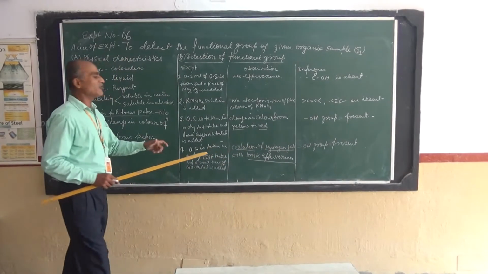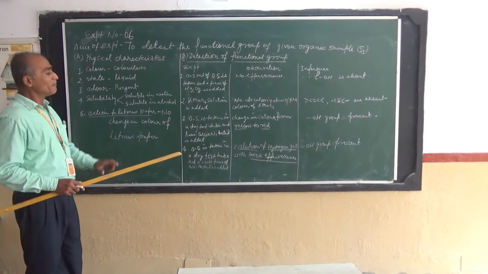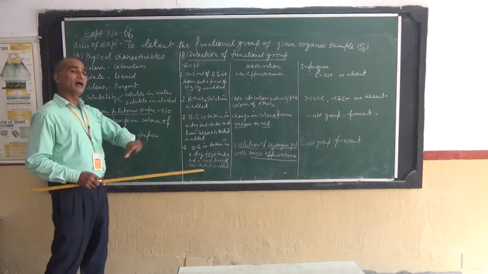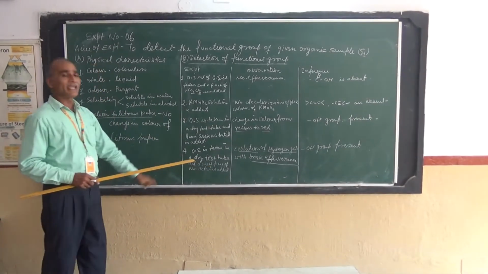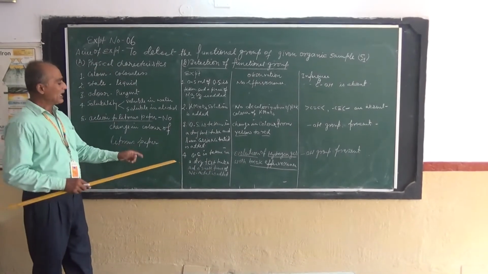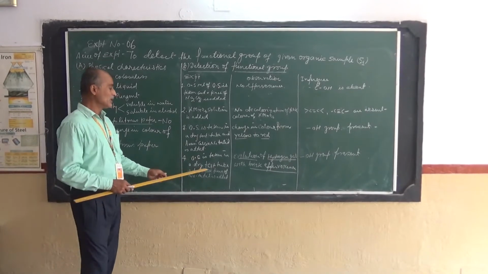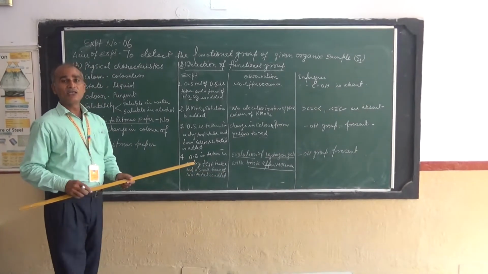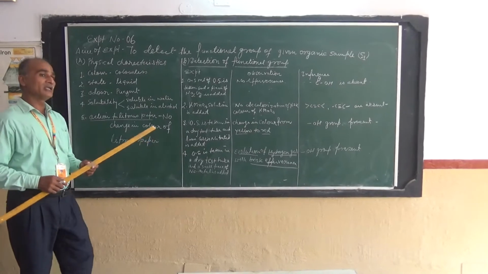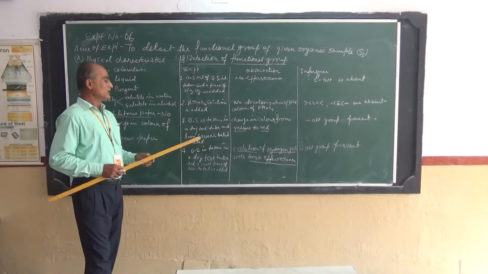Again, we can test for alcohol for better confirmation. Take another dry test tube, take the sample in it and add sodium metal. Take precaution while adding the sodium metal.